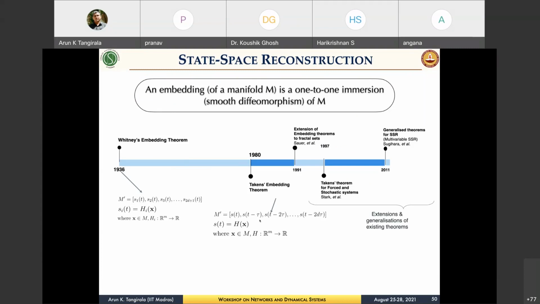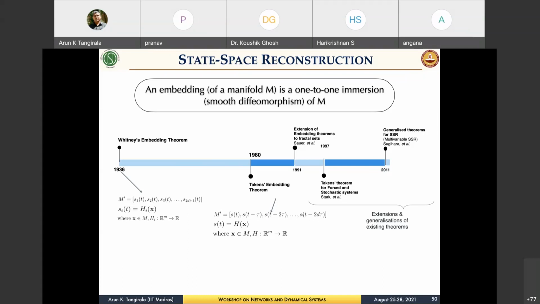Basically, you turn to stacked past and then recover the full state space. How many lags? What is the lag that he is referring to? Tau. That is, you want to stack up S at this instant, the measurement tau time instants back, 2 tau, and so on.